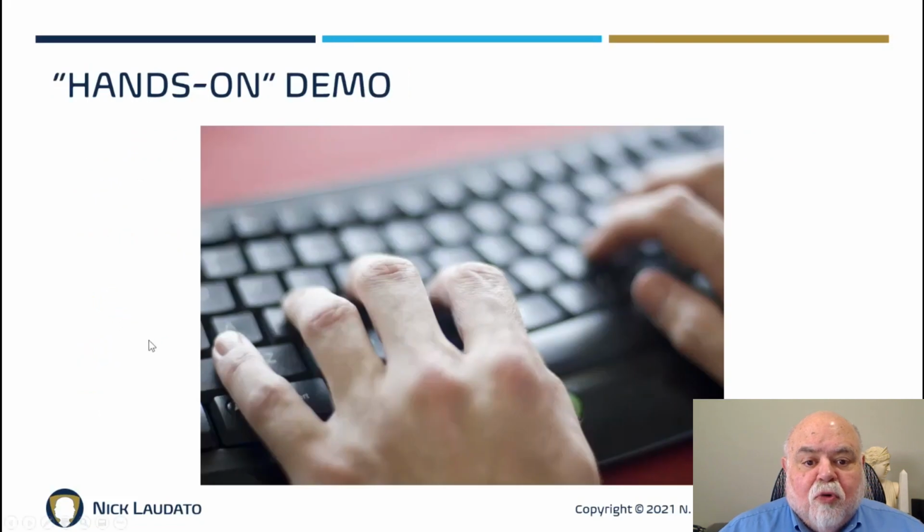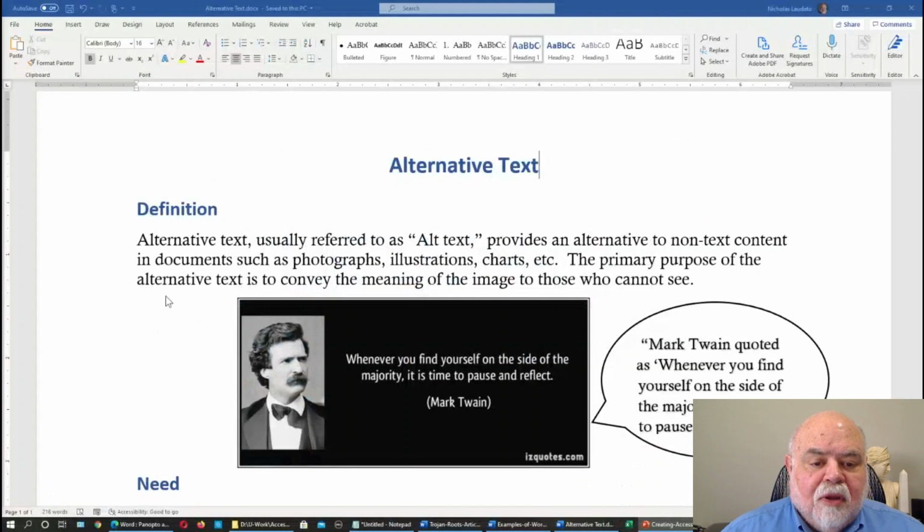Now let's move to hands-on. So here we have a document, a Word document, that's our focus here, that talks a little bit about alternative text. And embedded in the Word document is an image that has absolutely nothing to do with alternative text. It's just an image that I liked. How would a person using a screen reader get any value from the image? So let's pretend for a moment that the image is actually relevant to the text that's around it.